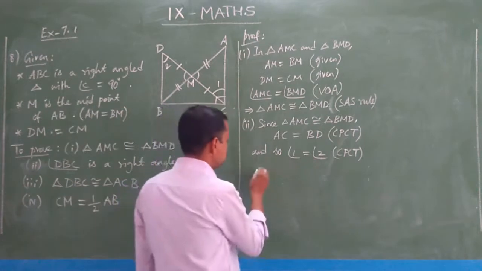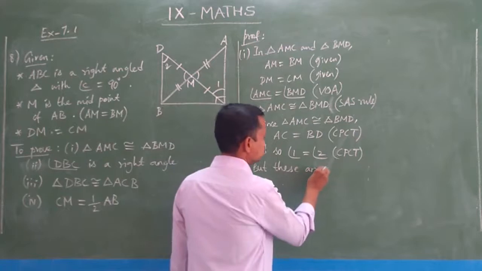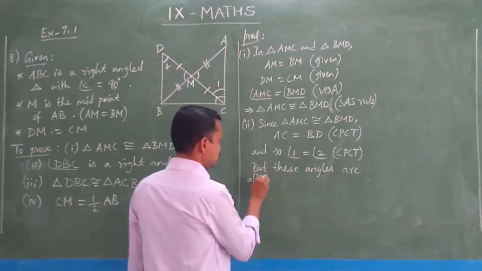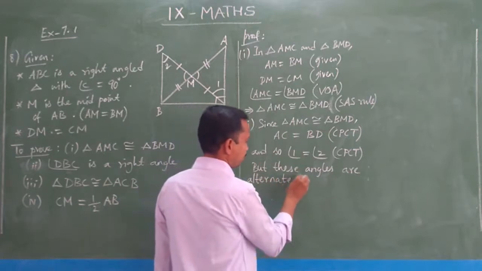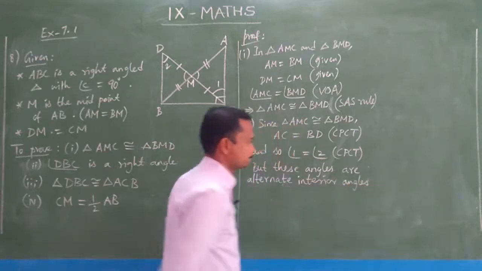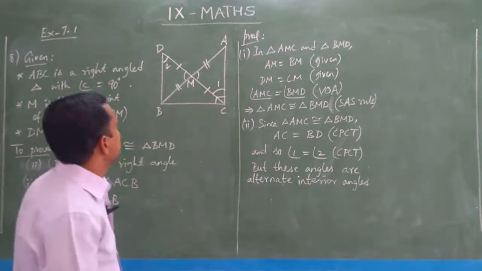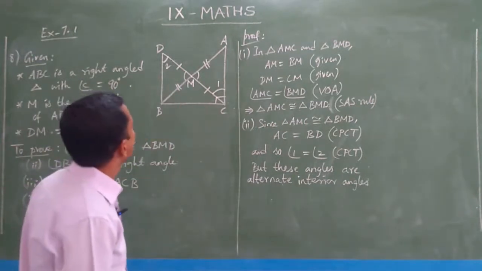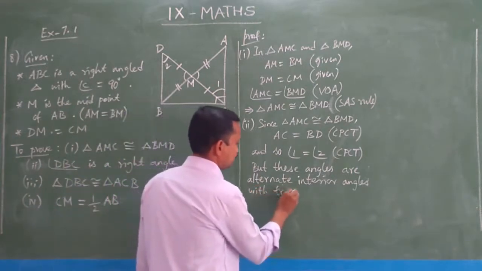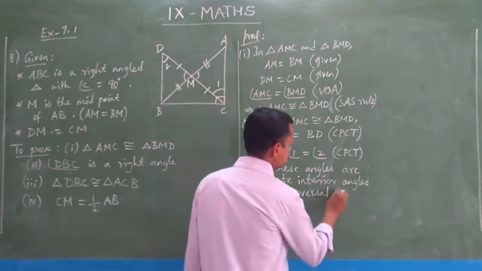But these two angles are alternate interior angles with transversal DC.